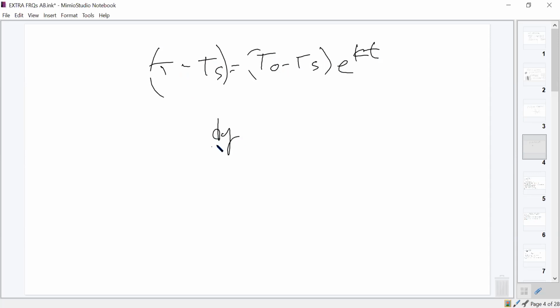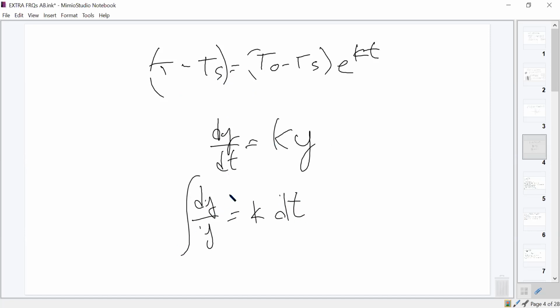Normally we started off with dy/dt equals ky as the differential equation version. It's a separable differential equation. And so you just separate the variables. The idea is that y is now temperature minus the surrounding temperature rather than just y. But everything else works exactly the same. So you basically just separate the variables, dy over y equals k dt, and then integrate both sides.